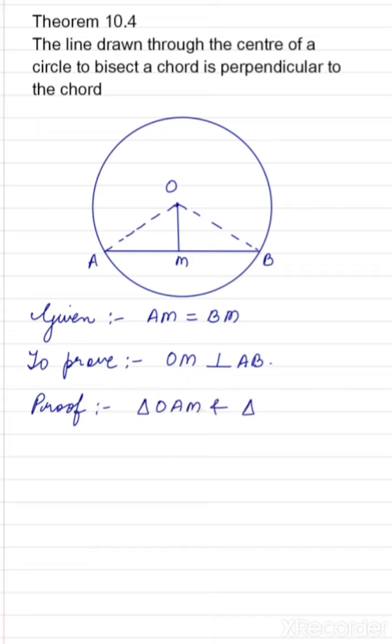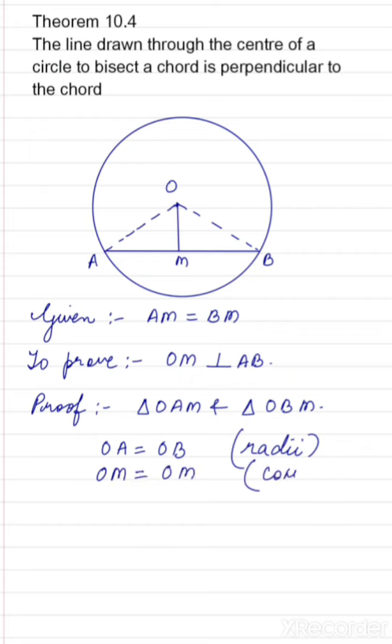and triangle OBM. In these two triangles, OA is equal to OB, radii of the same circle. Then we are given OM equal to OM, common in both the triangles. Then we are given AM is equal to BM. It is given.